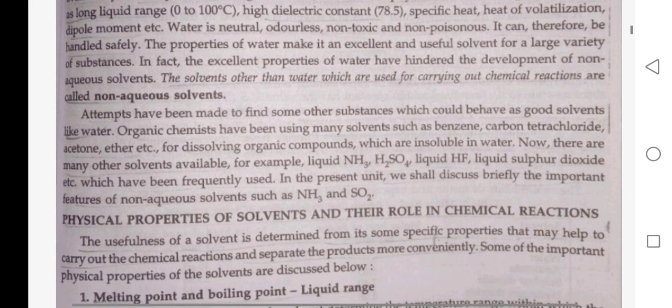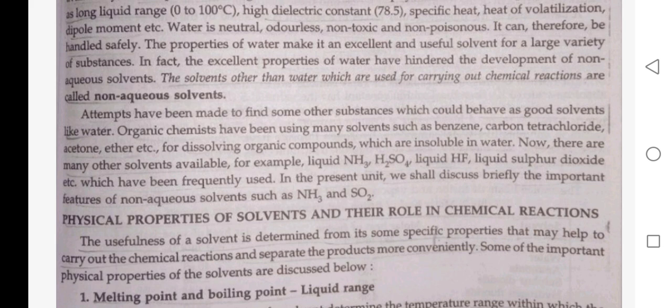Attempts have been made to find some other substance which could behave as a good solvent like water. Organic chemists have been using many solvents such as benzene, carbon tetrachloride, acetone, ether, etc. for dissolving organic compounds which are insoluble in water.